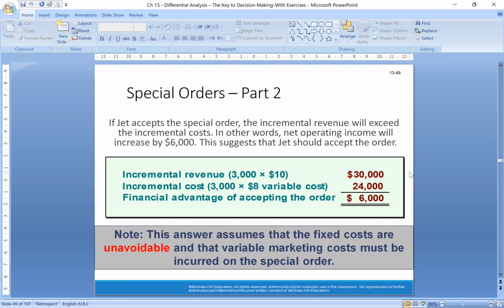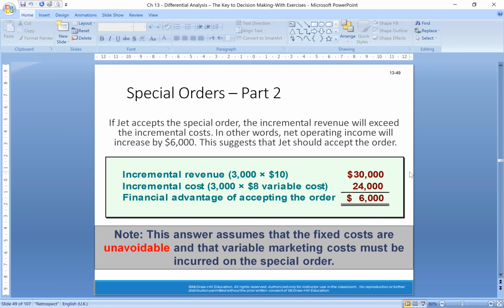Again, if the company accepts the special order, the incremental revenue will exceed the incremental costs. In other words, the net operating income will increase by 6,000, which is the difference between the incremental revenues and incremental costs.